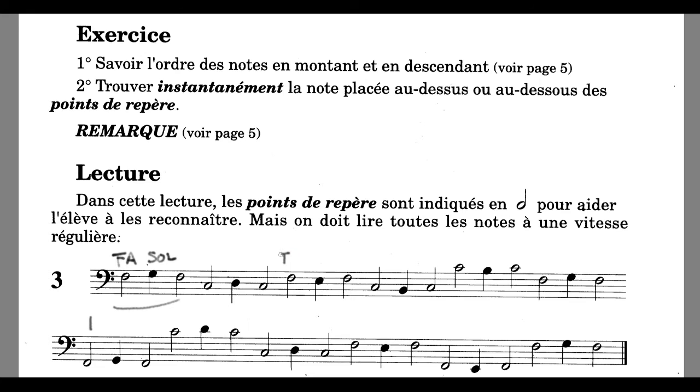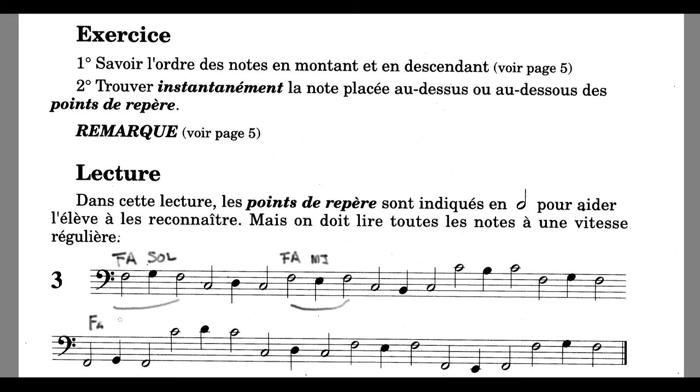Right here we have another fa, and we have the note that is right below fa in the third space, which is mi. So we have this trio of notes, fa, mi, fa. And we're going to do a similar thing to the fa that's on the space below the bass clef. So right here we have the fa below the staff.